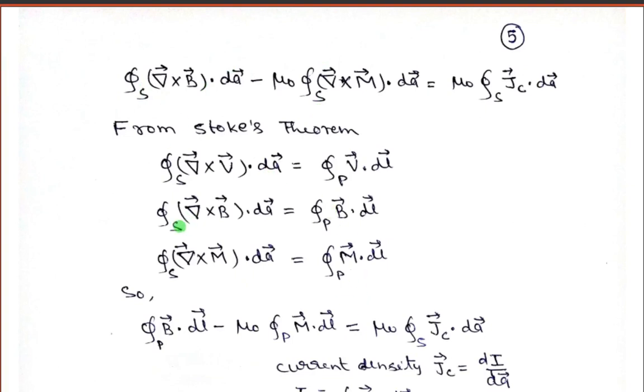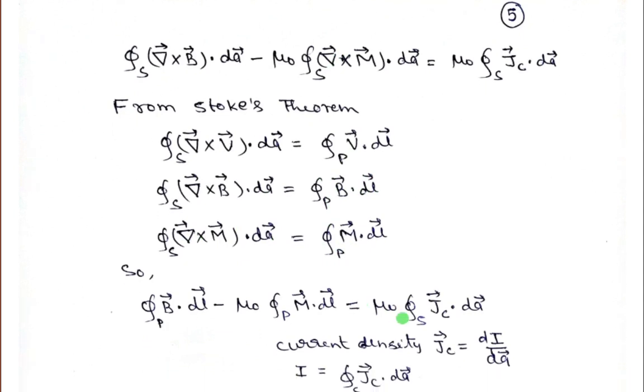So del cross B dot dA can be written as the closed-path line integral of B dot dl, and the other as the closed-path line integral of M dot dl. This is equal to mu 0 surface integral J dot dA. This surface integral of JC dot dA is basically the total current, coming from the conduction current, that is, because of the free charges, the free current.